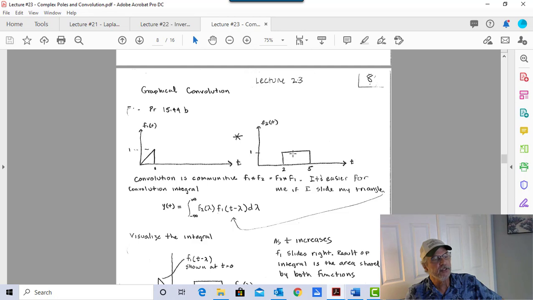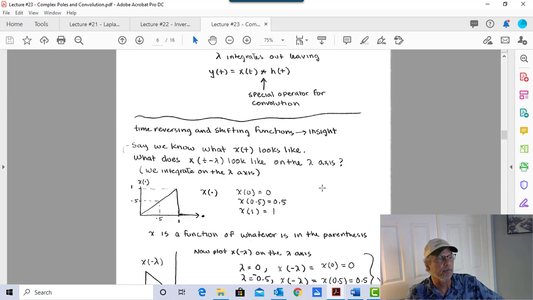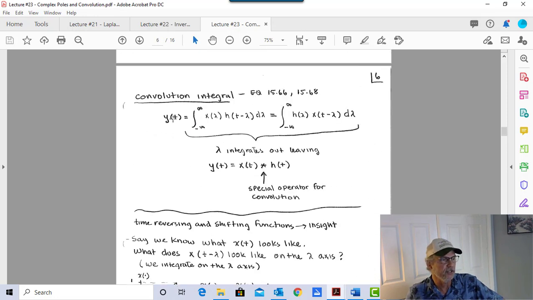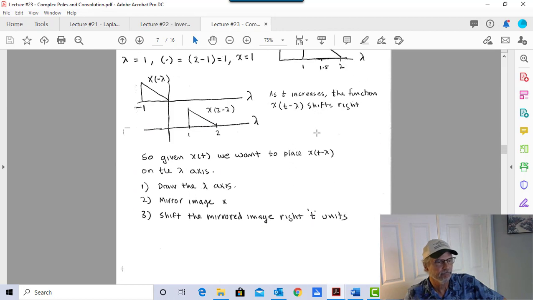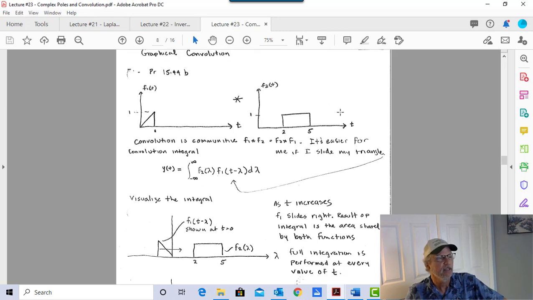So for this one, it's going to be easier if I slide my triangle. And you're going to see that sliding my triangle means that as time increases in this expression, it's going to move my x of t minus lambda. So let's visualize our integral.